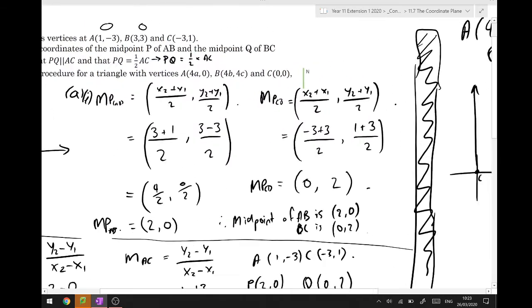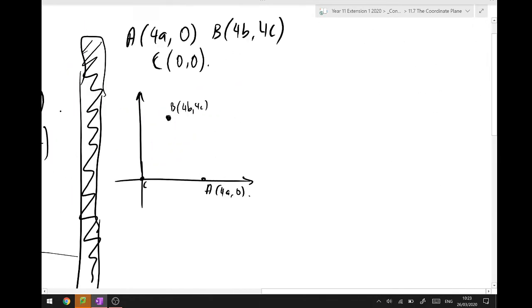So find the coordinates of the midpoint of AB and BC. So we need to find the coordinates of the midpoint between there and between there. So just looking at this, it's going to be somewhere here and somewhere there. Okay, so this is A, this is B, and this is part 1.